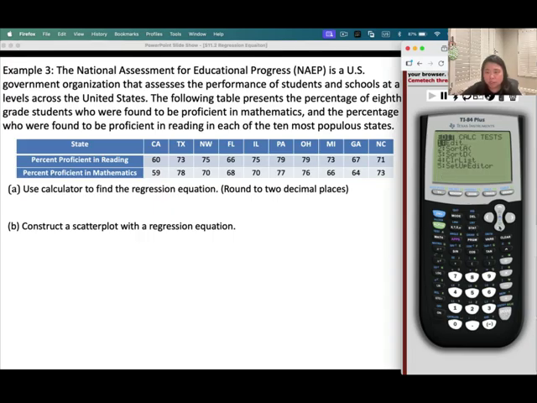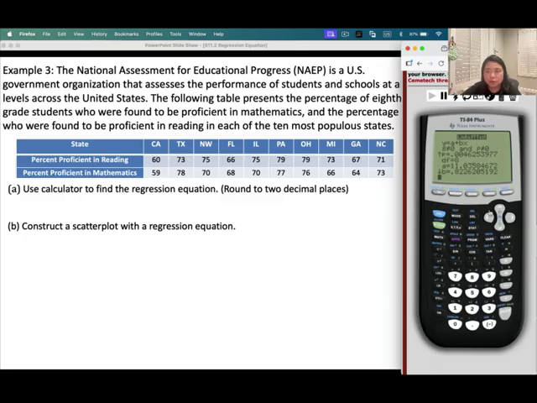Click on the stat, go to the test, go up, find the linear regression t-test. Make sure you do have the y1 for the regression equation. Let me do it one more time. Go to the vars, y-vars, choose number 1 function, choose number 1, the y1, and then go to calculate.